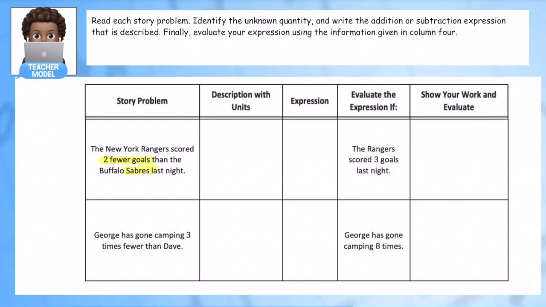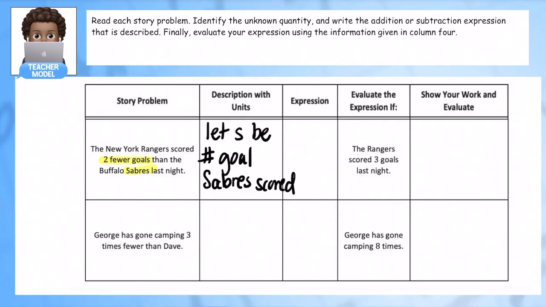The New York Rangers scored 2 fewer goals than the Sabres last night. So let S be the number of goals that the Sabres scored. And we know that the Rangers were 2 less than whatever the Sabres scored. So S minus 2. So let's try and evaluate this.